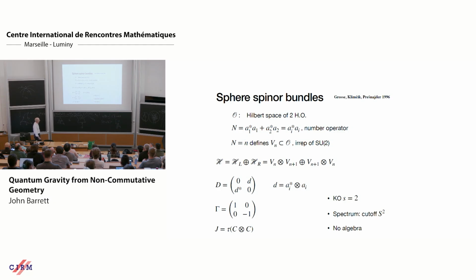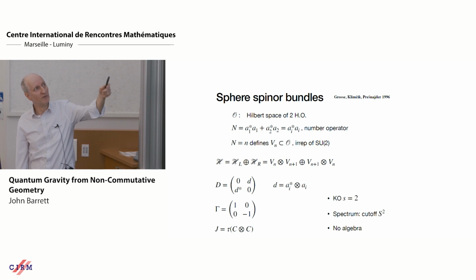And then the Dirac operator is a simple formula which is written in a 2 by 2 matrix form where the top part of the vector is h left and the bottom part is h right. So the little d takes you from Vn tensor Vn plus 1 to the second factor, Vn plus 1 tensor Vn.